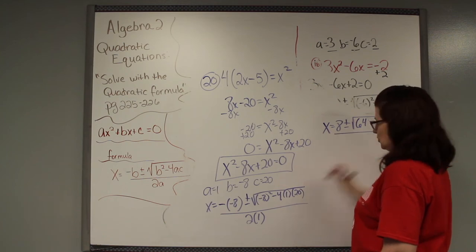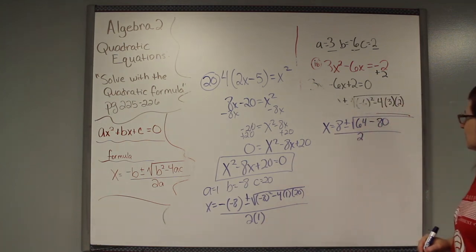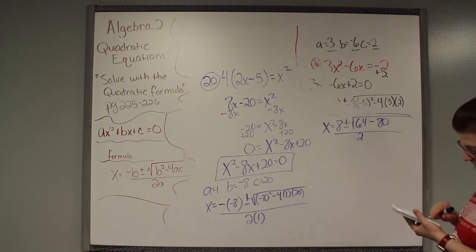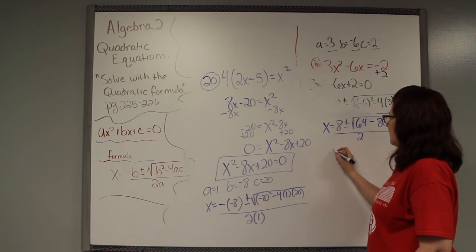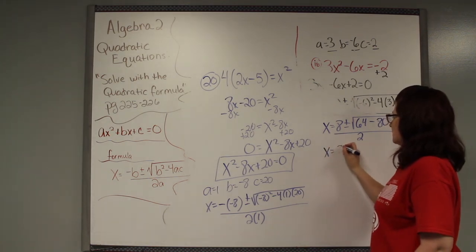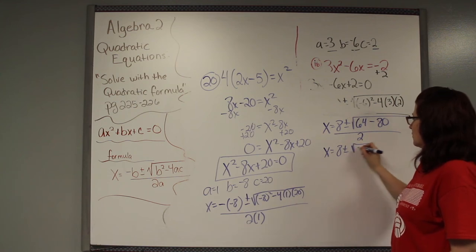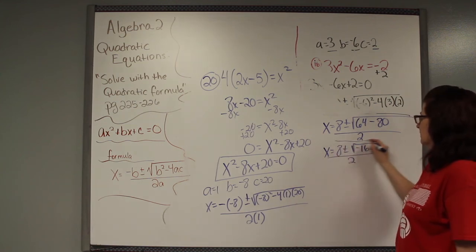And then 2 times 1 is 2. Okay, so then I gotta go 64 minus 80, which I think is just negative 16. Yeah. So I will have x equals 8 plus or minus the square root of negative 16 over 2.